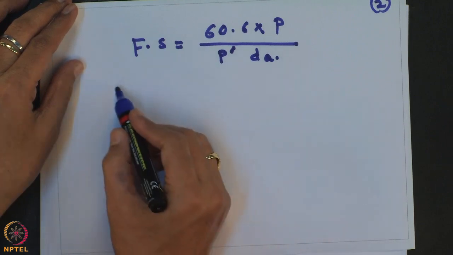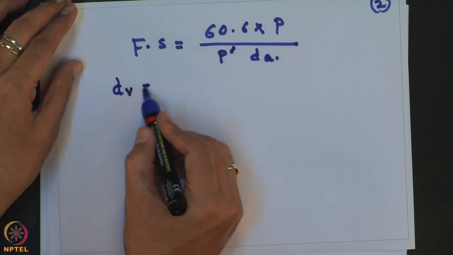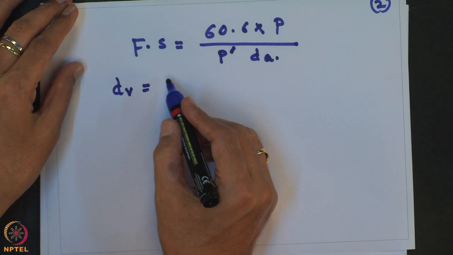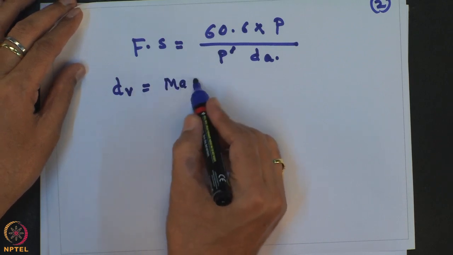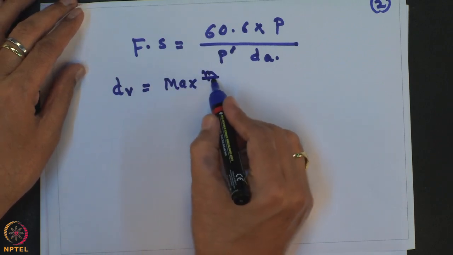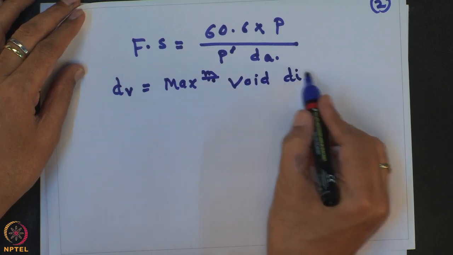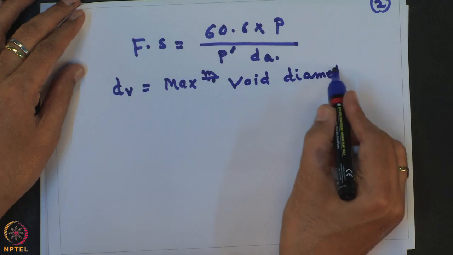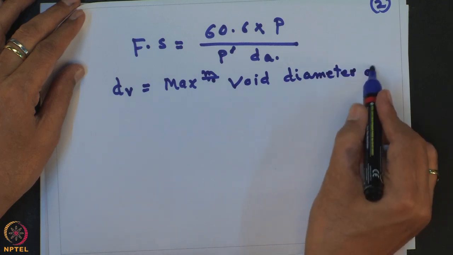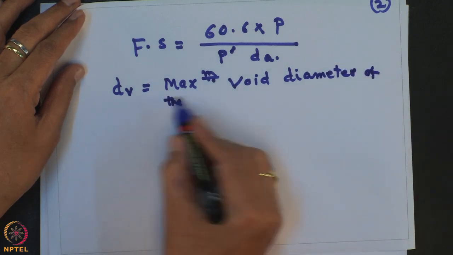I am telling about what is d B, I will explain this one later on, that is maximum void diameter of the stone.